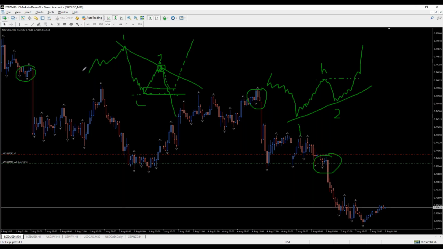But if you're a master at candlestick patterns and stuff like that, then I think you can incorporate that into trading supply and demand, and refine your technique to a very high degree, because I think that candlestick patterns can be quite useful. The only thing I don't like about candlestick patterns is that on my chart, I might have a doji, but on someone else's chart, it might be a big candle, simply because the GMT offset of my broker is different.